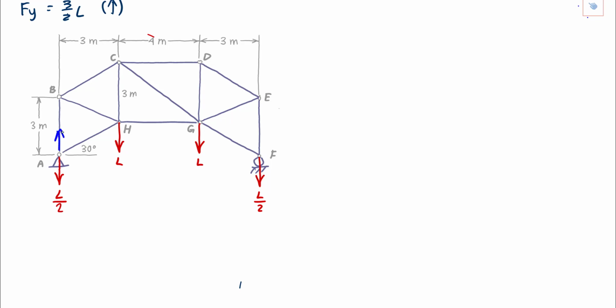I just hope it doesn't get lost. AY, and then we'll put FY, which is 3L over 2. All right, so here's our picture. We have our reaction forces acting on here.